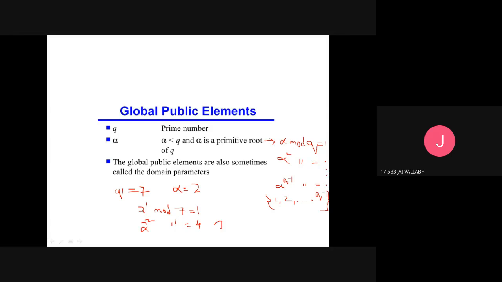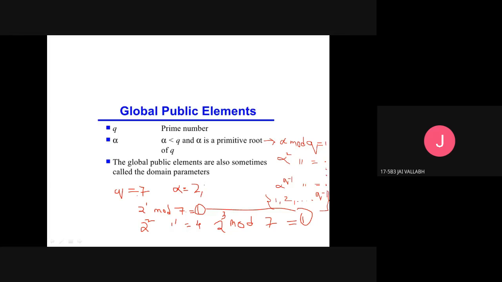Now for 2 power 3 mod 7, we are getting 1, which we got in the first iteration as well, where we calculated 2 power 1 mod 7. So 1 is repeated, and it should not be repeated in the range. So we should not be selecting 2 as the primitive root of 7.